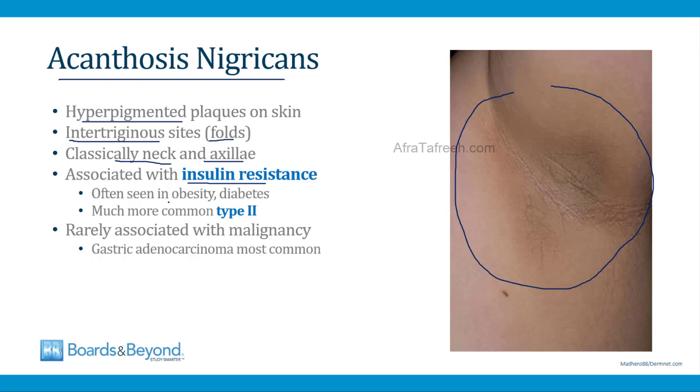It's often seen among patients who have obesity and diabetes, and it's much more common among type 2 diabetes, and that's because it's associated with insulin resistance. And in type 1 diabetes, you have insulin loss, not insulin resistance. In addition to insulin resistance, you can also see acanthosis nigricans in some patients with malignancy. The most common malignancy to lead to this skin finding is gastric adenocarcinoma. And that concludes our module on diabetes mellitus.